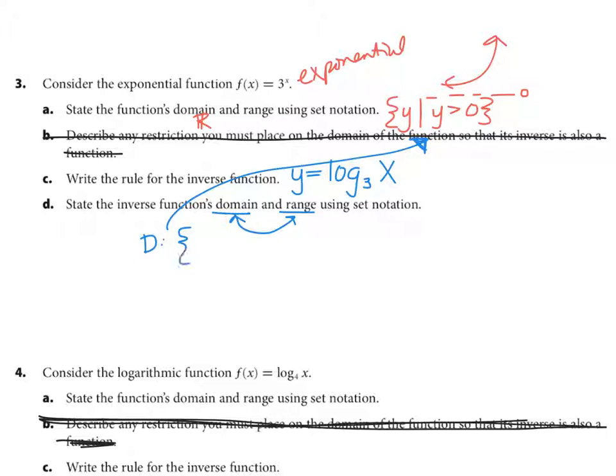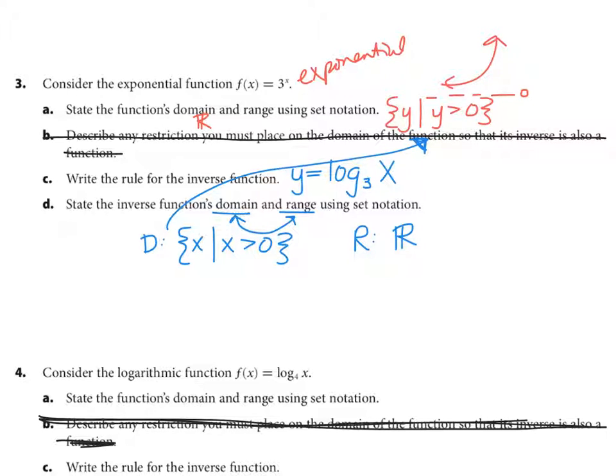The only difference is that because I'm talking about domain, I need to change my variables to be x's. Then the range would be the domain that I had from the earlier function, right? And the domain on the previous function was all real numbers, so the range on this function is going to be all real numbers.